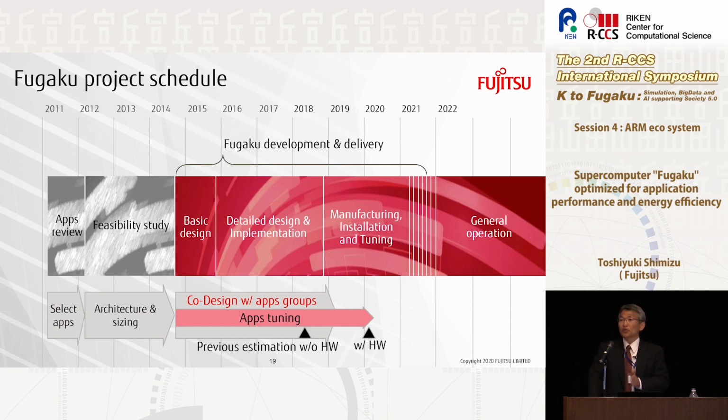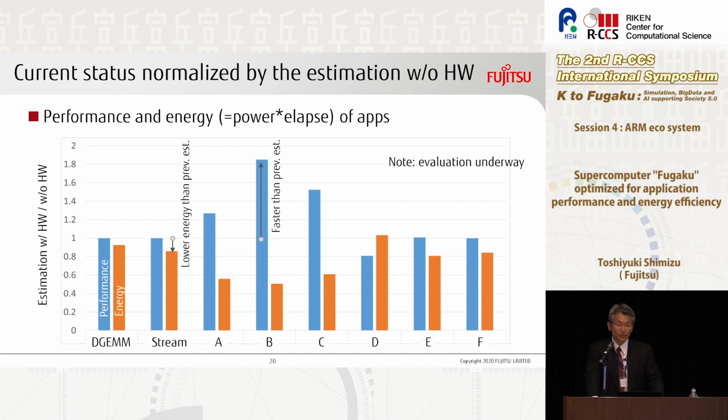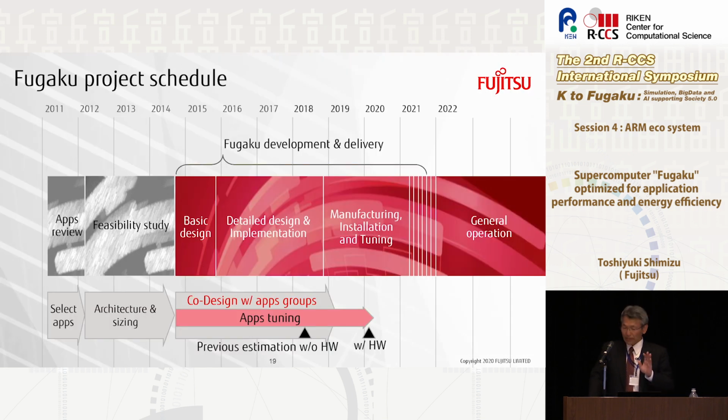And now we add the real hardware result. So this graph shows the performance and energy consumption normalized by the previous estimation, around 2018.